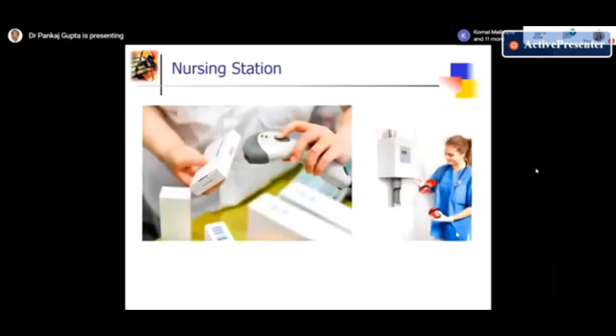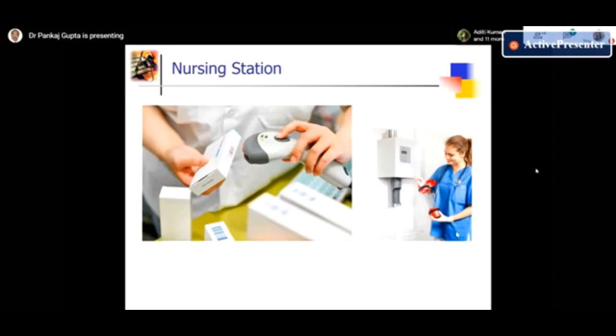There's another way of doing it, and that is pneumatic chutes. There are hospitals that have pneumatic chutes. The pharmacist can load it into a pneumatic chute, and you can see that picture on the right, a nurse taking it out from the chute. The pharmacist loads it and presses the button for a particular nursing station, or more mature pneumatic chutes can read the barcode label and carry it to the respective nursing station.